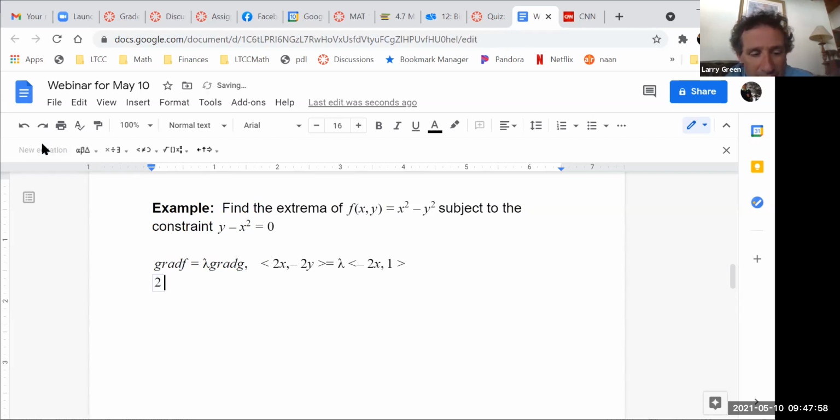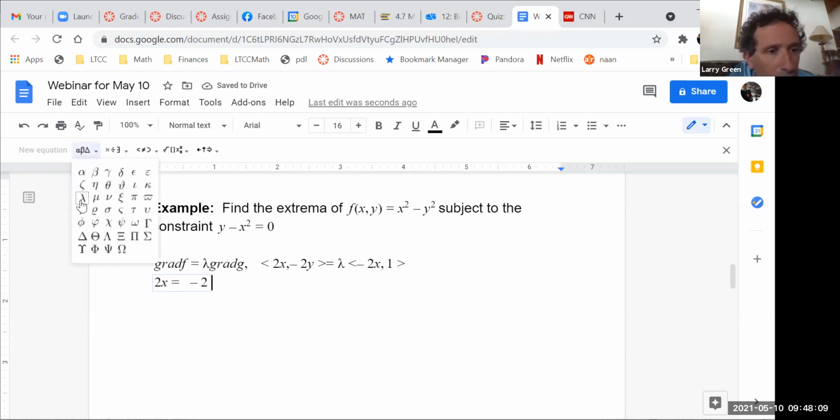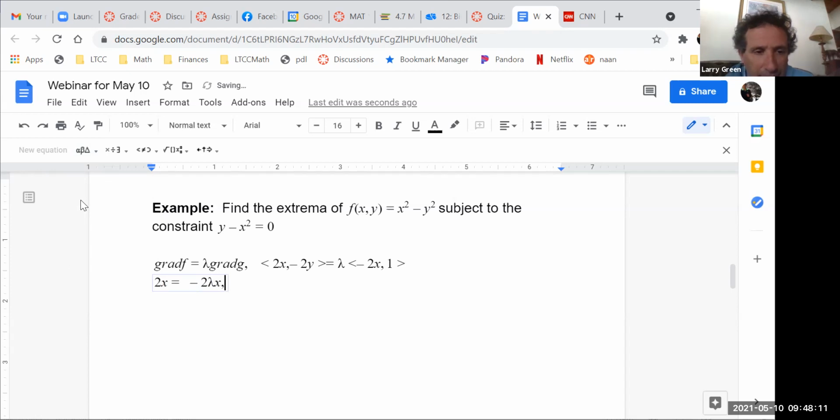And we have 2x is equal to negative lambda 2x, negative 2 lambda x. And then we also have negative 2y is equal to lambda. And we also have that y minus x squared equals 0.